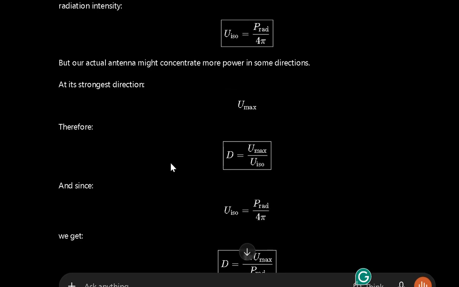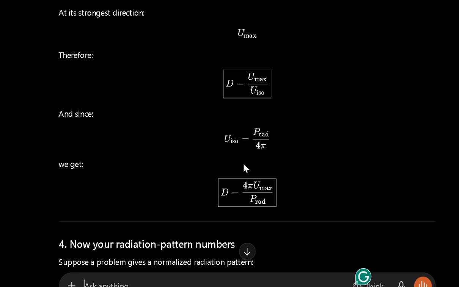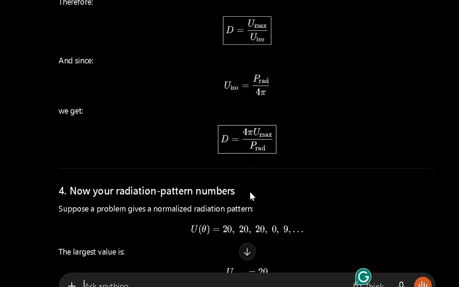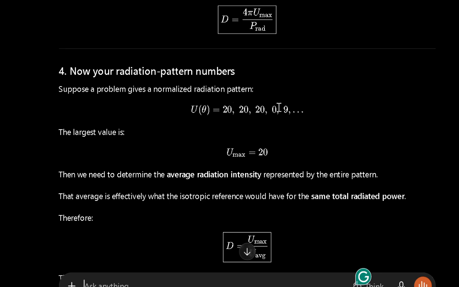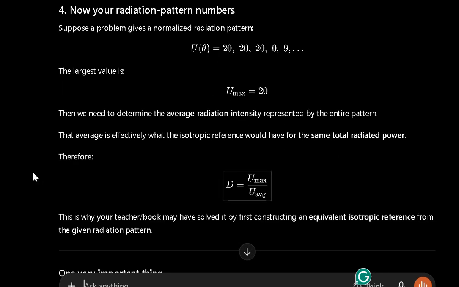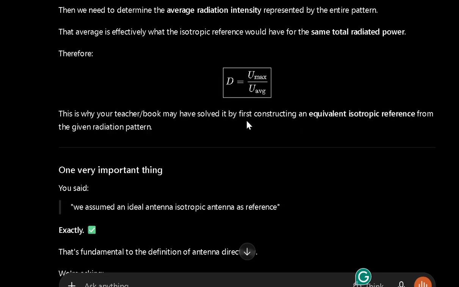At its strongest direction, it has U_max. Then we need to determine the average radiation intensity represented by the isotropic reference, which is U average. This is what your textbook may have solved differently.